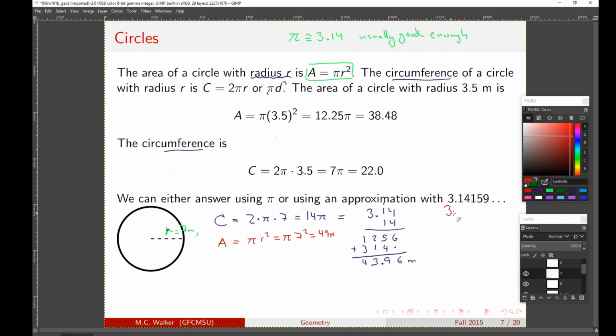That's going to be 3.14 times 49, which is 153.86 meters squared. Cool.